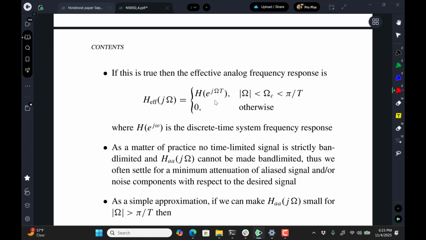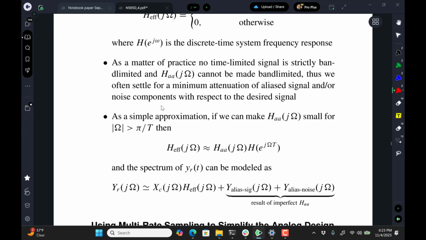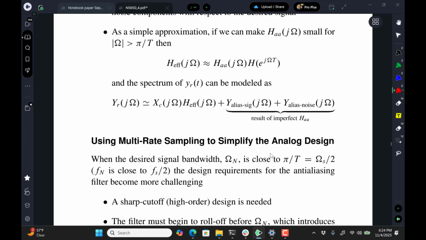But the book brings up the point that in reality the analog anti-aliasing filter is not perfect. It's only an approximation to its response times the digital filter's response, and because some aliasing will exist, we're going to get a term out here that's called the alias signal, or alias noise, coming through to the output, not perfectly eliminated.